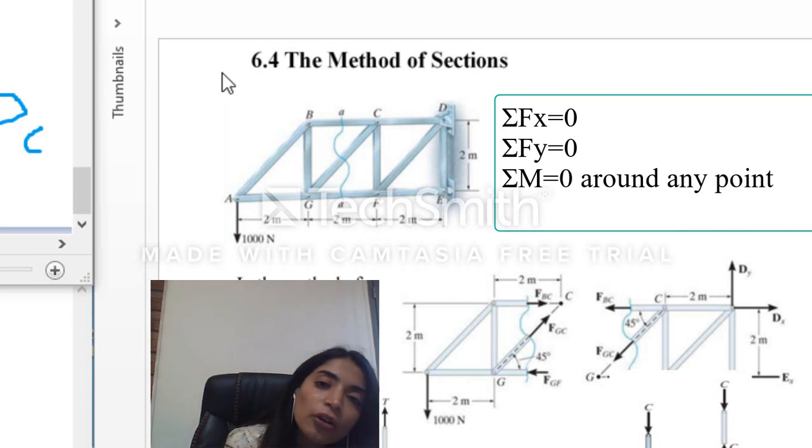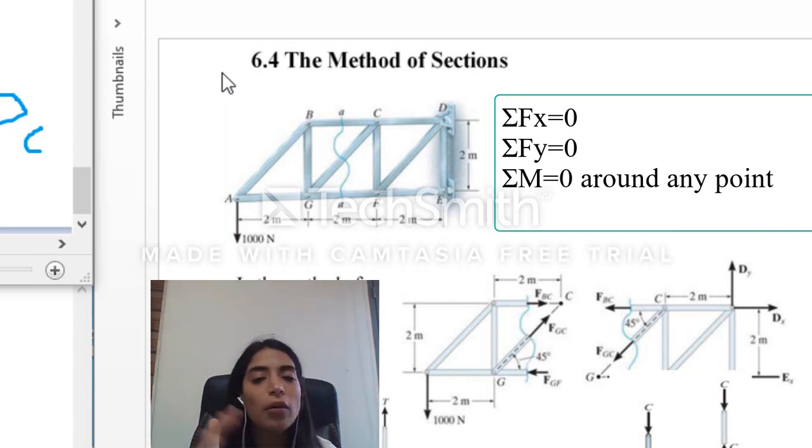Unlike the method of joints, where the sum of moments gives a trivial equation of 0 equals 0 because I'm doing the free body diagram at one point, here, guys, the equation of moment is very important and relevant. Basically, from the equation of moment, I can get rid of 2 unknowns and find the third one.